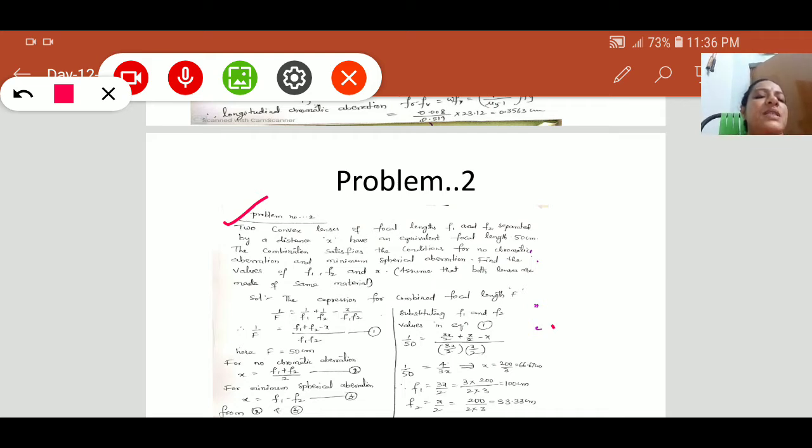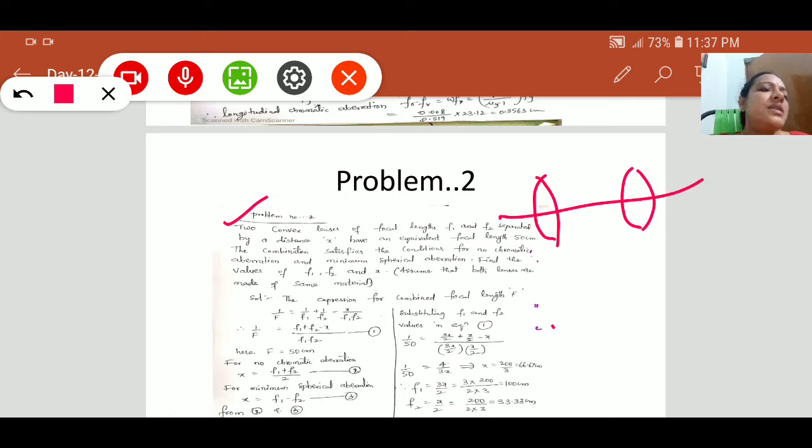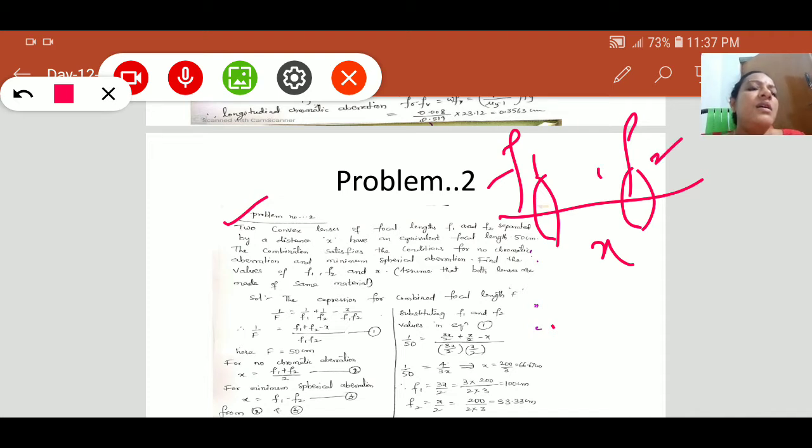For this purpose, for the spherical aberration removal method, the two lenses are separated by some distance x, with focal lengths f1 and f2. Then the resultant formula for the combination focal length is 1 by f equals 1 by f1 plus 1 by f2 minus x by f1 f2.